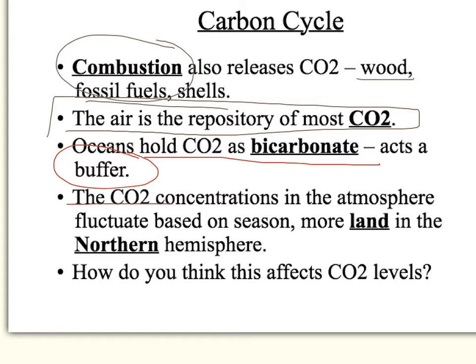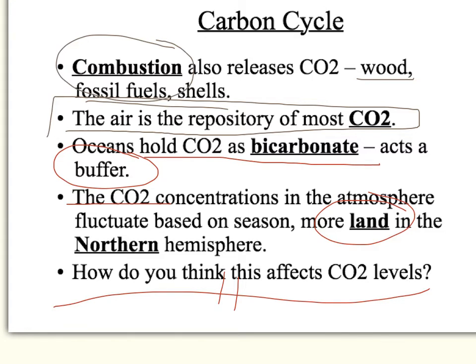CO2 concentrations in the atmosphere fluctuate based on season. If you look at a picture of the world, a globe, you can see that there is definitely more land in the northern hemisphere than the southern hemisphere. So you can think about how this would affect carbon dioxide levels, especially in the different seasons.